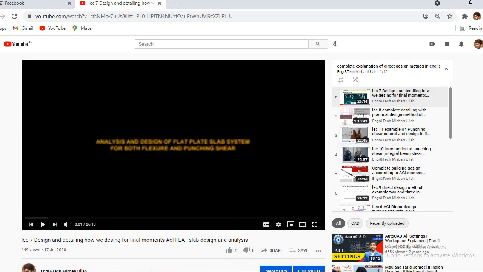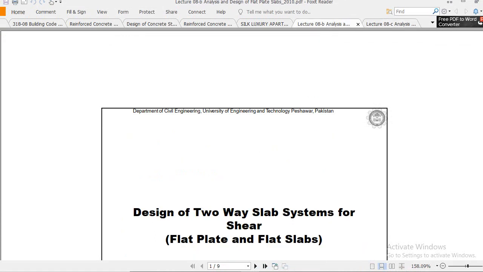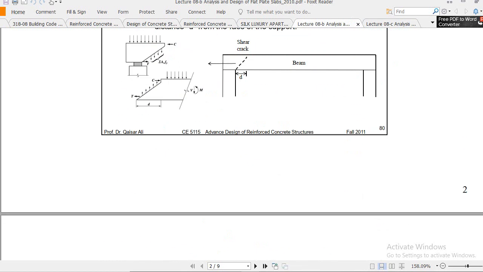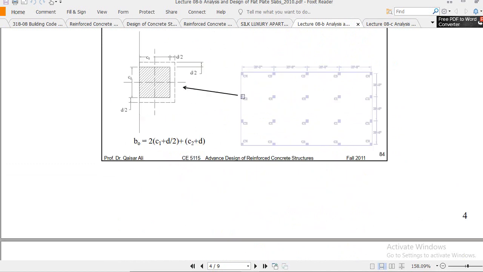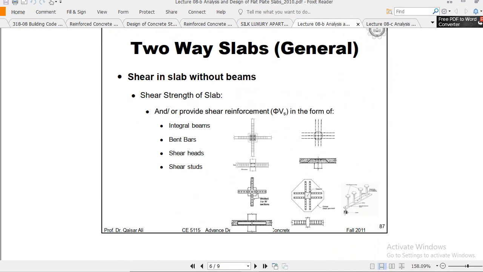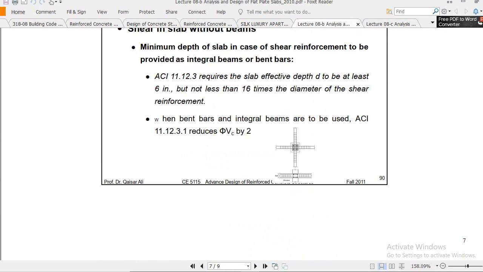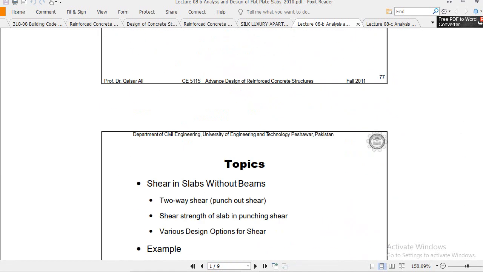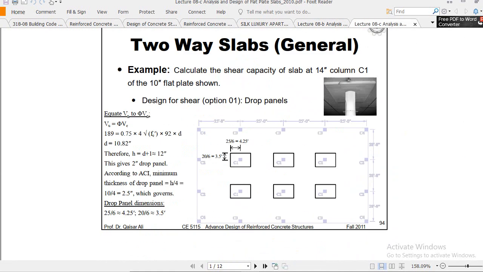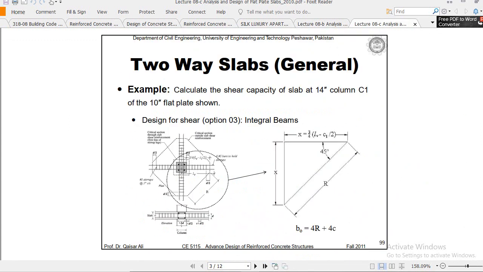I thoroughly explained the design for punching shear and the complete concepts regarding punching shear, how to design shear studs, how to design column capital, how to design drop panel, what the criteria of drop panel are, and what the criteria for integral beam design are.